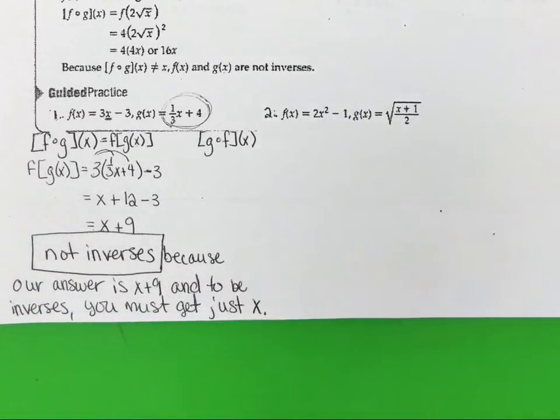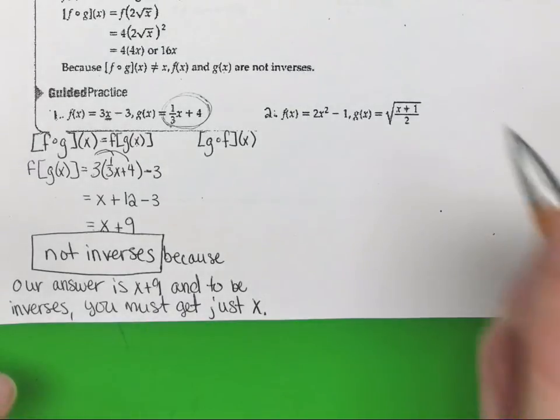Does that make sense, guys? You have to just get x. I'm going to show you in just a minute on the calculator what happens, because I think we'll have time for that. All right, let's look at number 2.